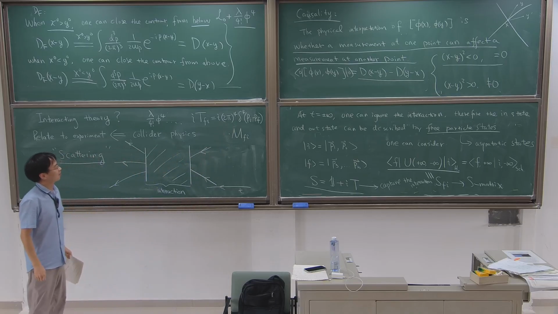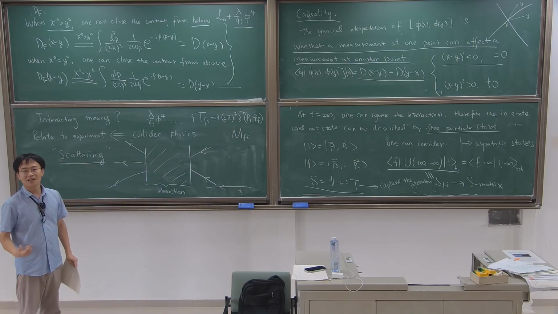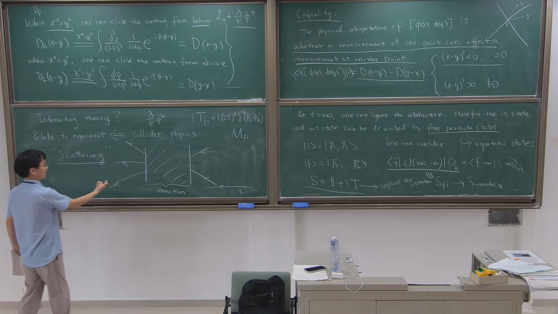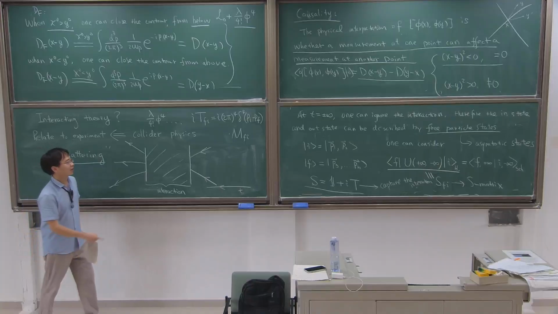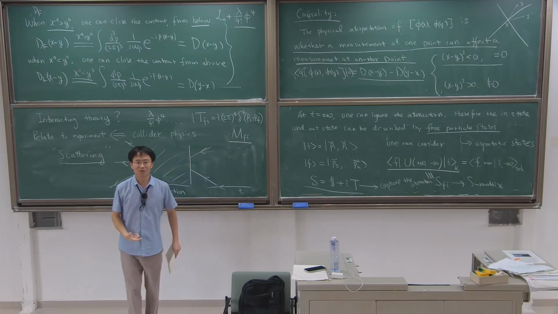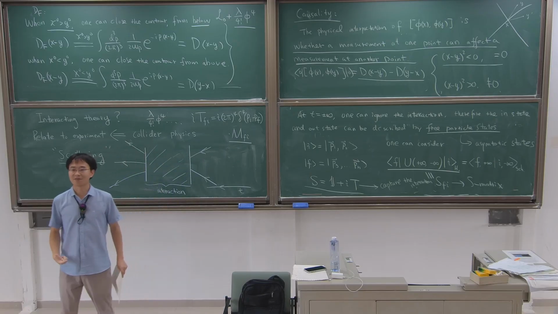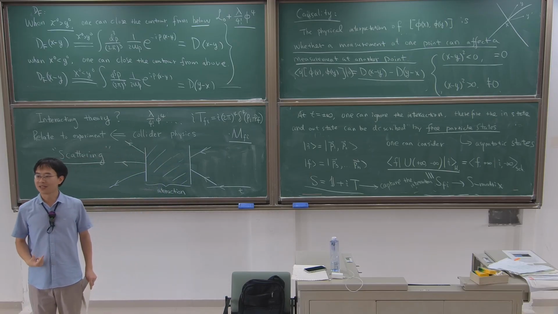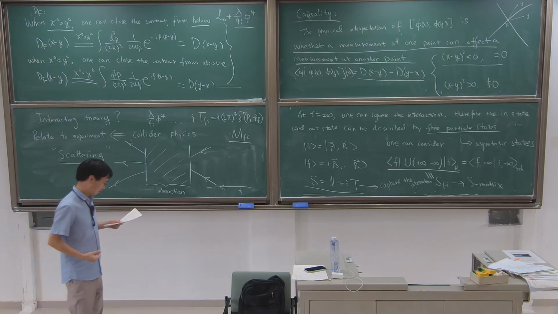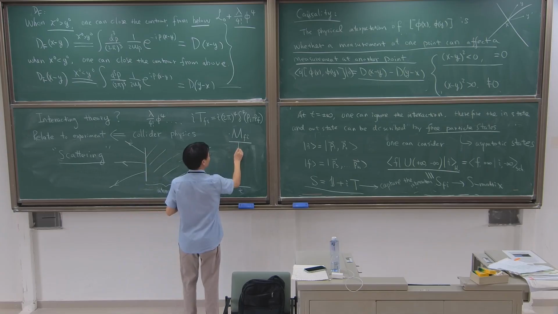I can isolate the delta function because of the physical conservation laws. Now I really get something, M. This M depends on the interaction of that theory. So this M is usually called the scattering amplitude.